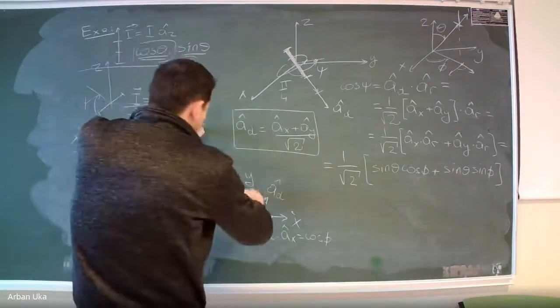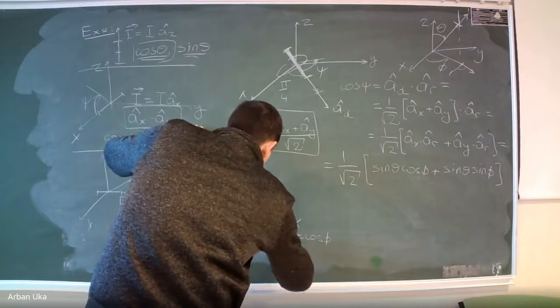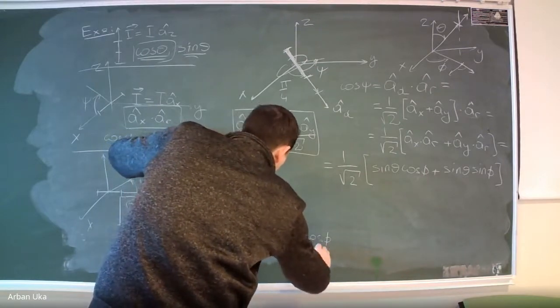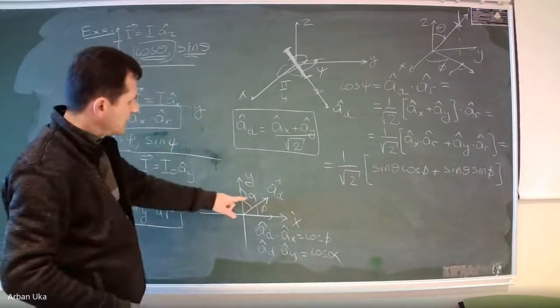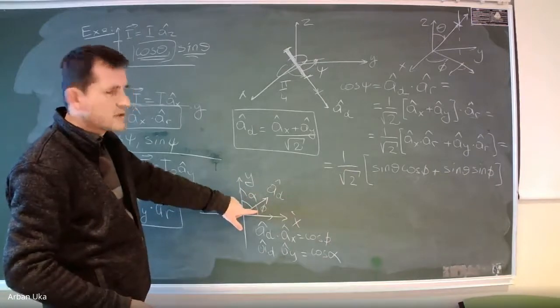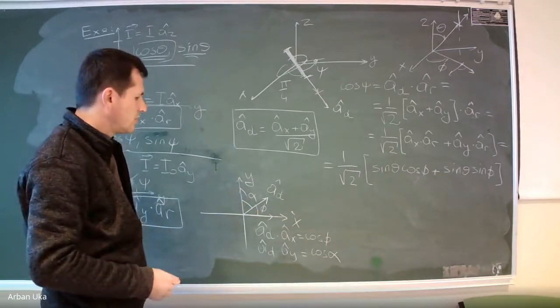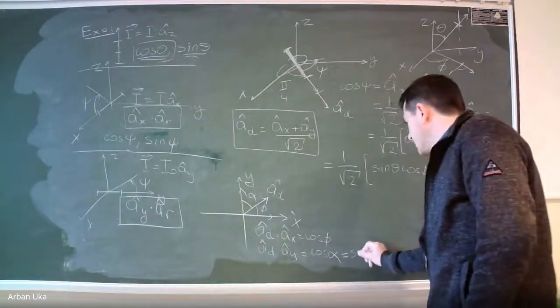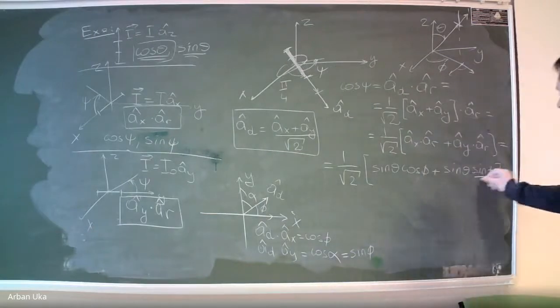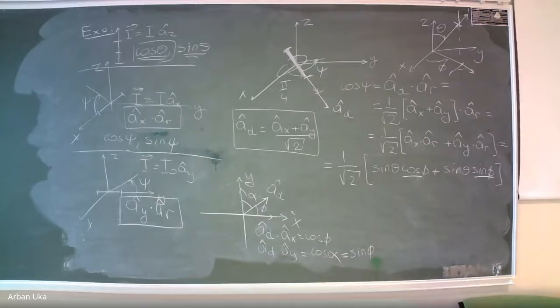Meanwhile, AD dot AY is going to be equal to cosine alpha, where alpha is this angle here. But we know that cosine alpha is equal to sine phi, since the sine is equal to the cosine of the complementary angle. So here we can say that this is simply sine phi. This is why we have the sine phi here. This is how we can generate these expressions.